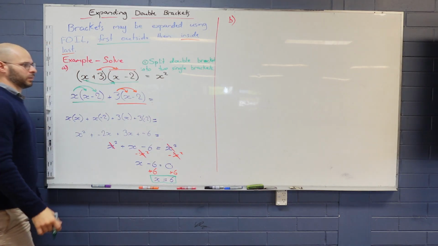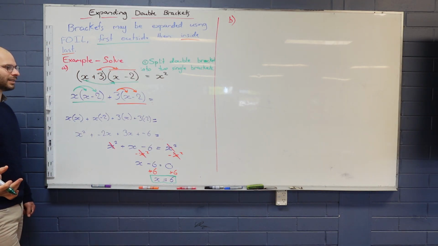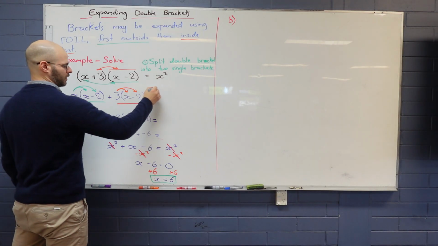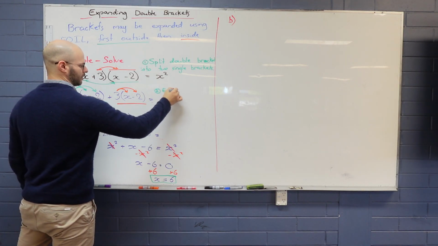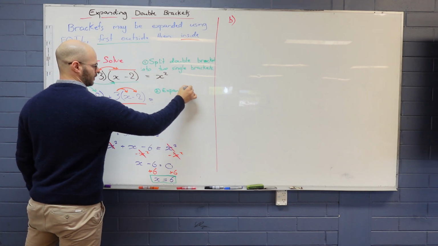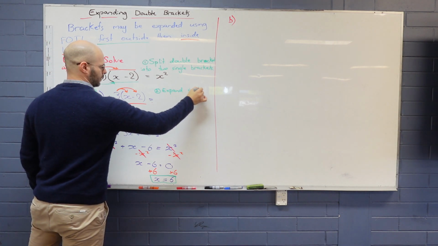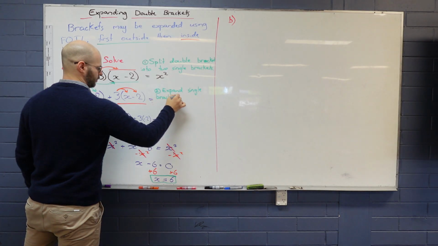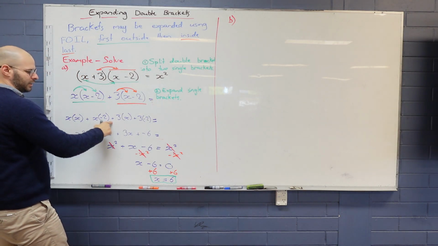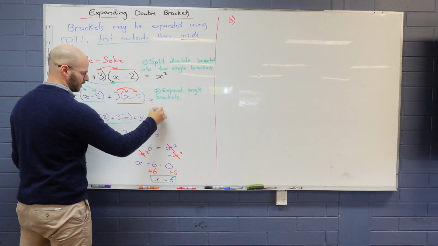So step one, split the double bracket into two single brackets. Step two, expand single brackets. Step three, collect like terms.